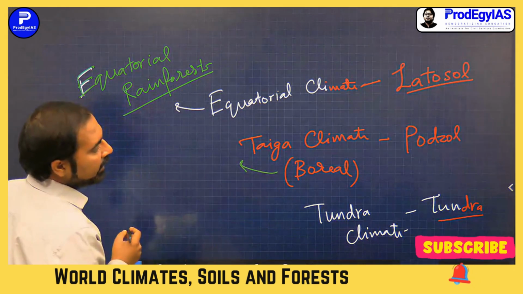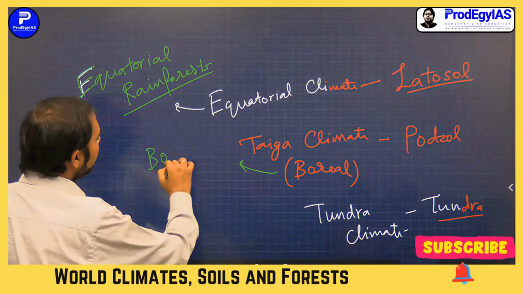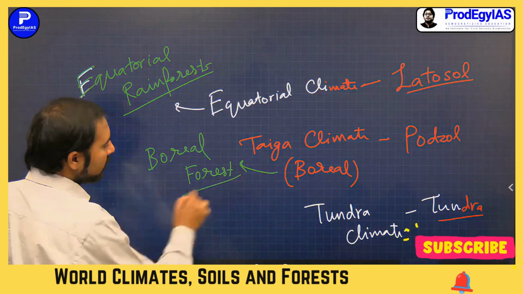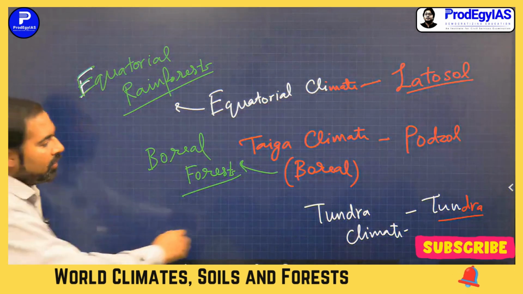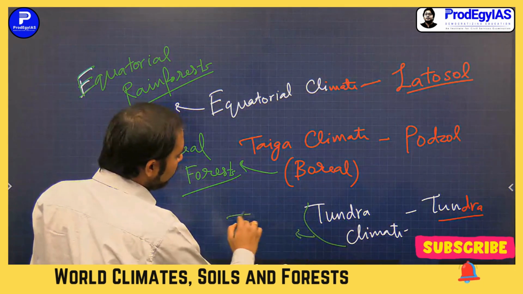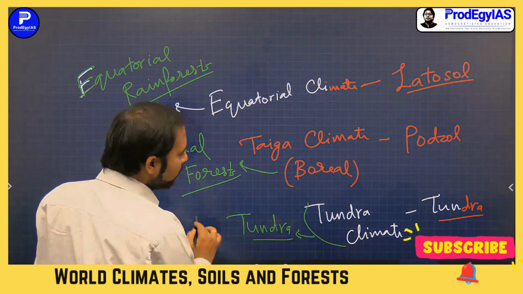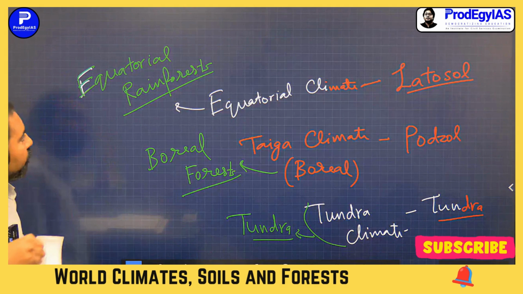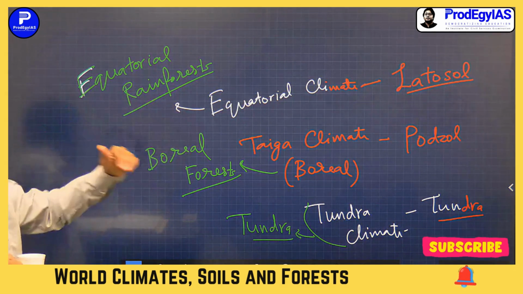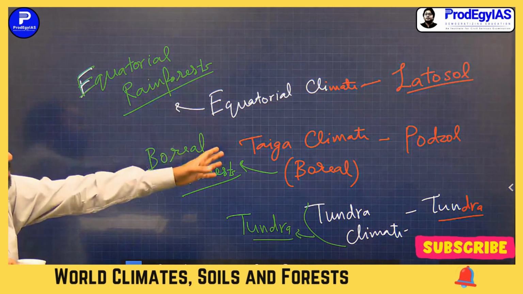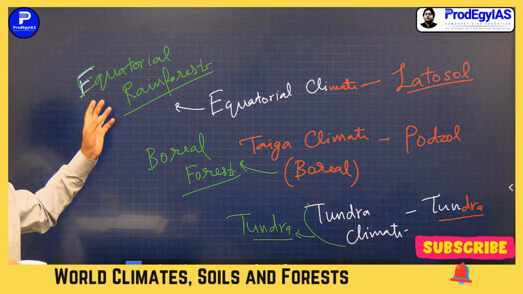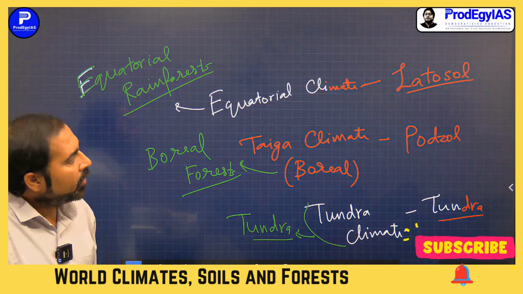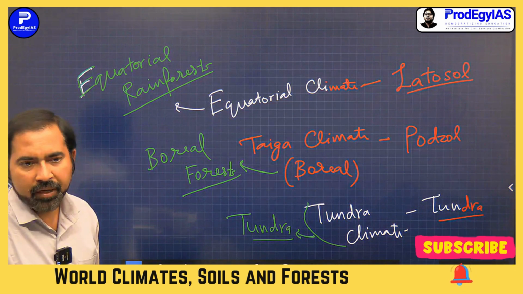Here in Taiga climatic region, this forest name is boreal forests. Here, tundra vegetation with the same name. So we'll study all of them together. The climatic type, their forest types, if some of the peculiar tree species are there, and what is the soil type there, right?